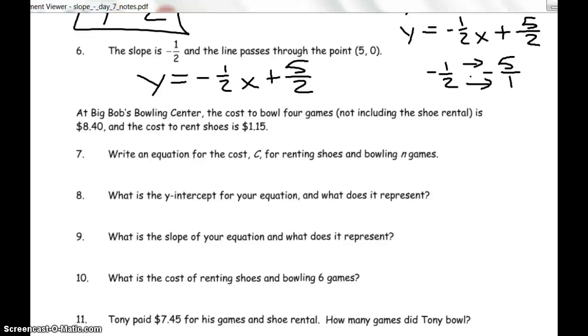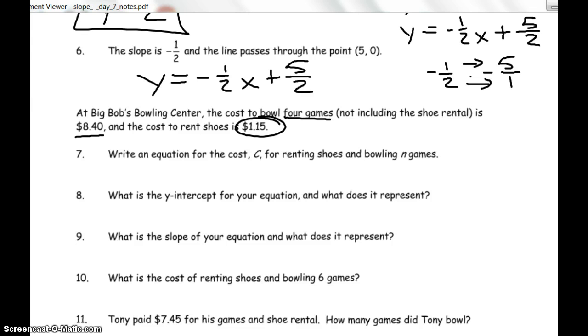So it says, write an equation for the cost, C, for renting shoes and bowling n games. So we now know that we have to figure out what is the cost for 1 game. So we have 4 games is $8.40, and shoe rental is $1.15.